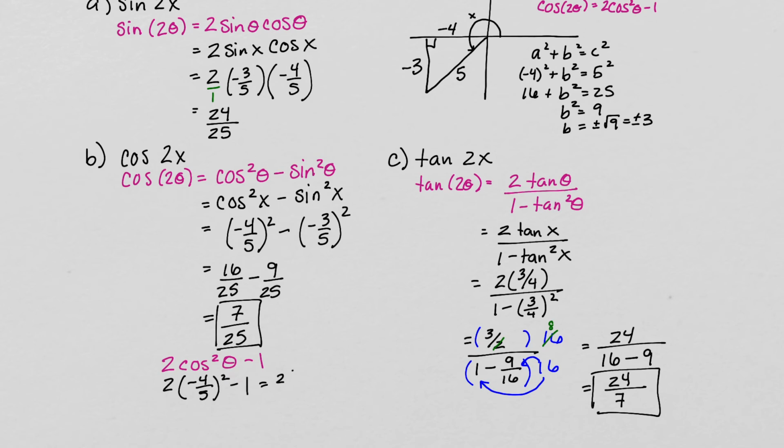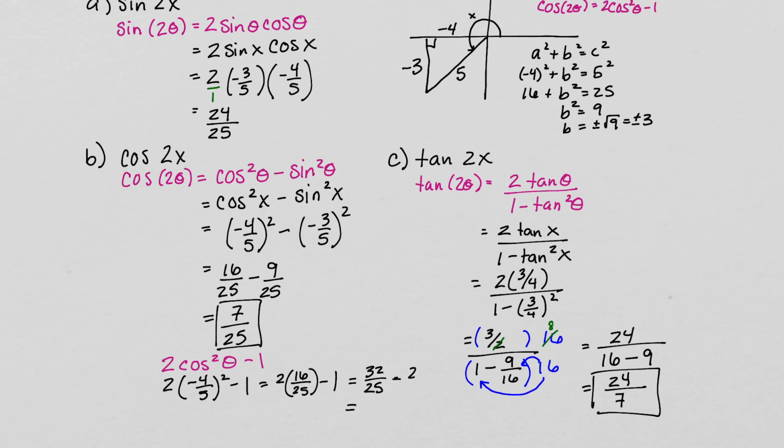So this would give me 2 times 16 over 25 minus 1, or 32 over 25, and you could subtract off 25 over 25. I'm like, wait a minute, something's wrong here.